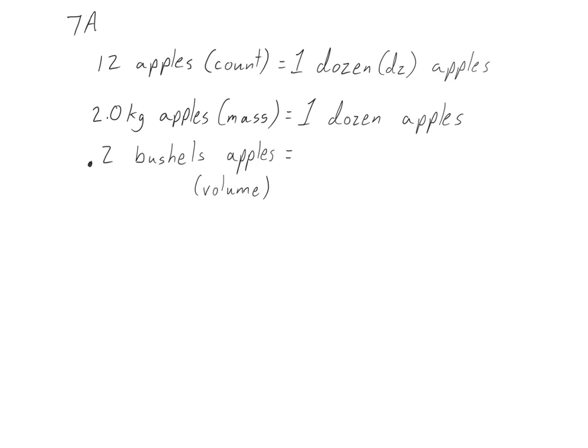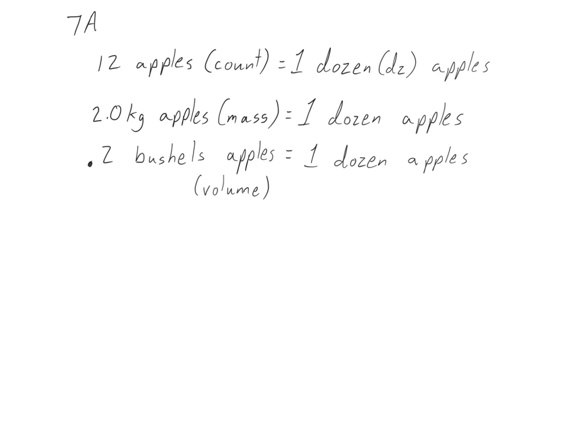So apples used to be picked by bushels, like bushel baskets. Maybe you have one of those around your house. Or you can buy boxes of apples that tell you how many bushels worth it is. And in our example, let's just say this equals 1 dozen as well, apples. This would obviously depend on the size of the apples. So 0.2 bushels of apples equals 1 dozen apples.